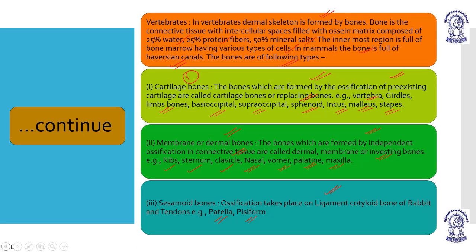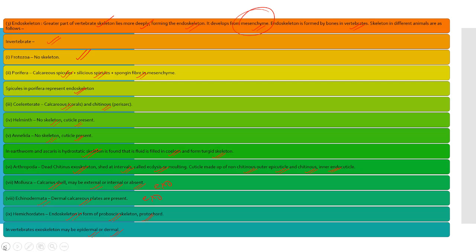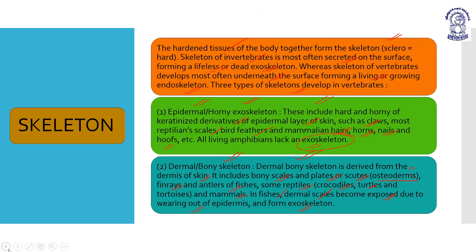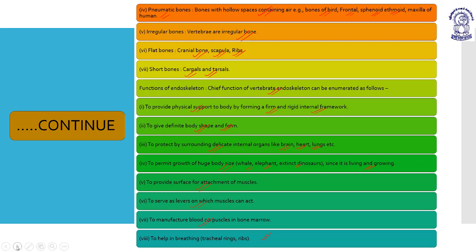These are the functions of skeleton. Types of bones: cartilaginous bones, sesamoid bones, and membranodermal bones. This is very important: which organisms among the primitive invertebrates had exoskeleton, endoskeleton, or no skeleton. Now coming to next.